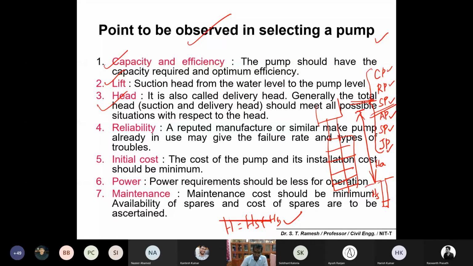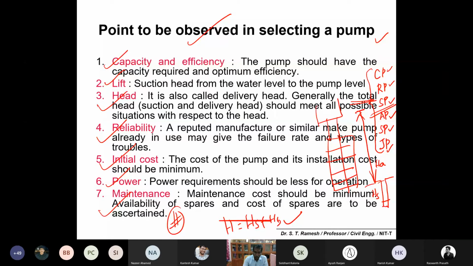What is the failure, how long does it work, did you face any problems during pumping. Reliability and cost are important, the investment cost and power cost, because during operation you should have less power cost, easy maintenance, and if you have any problems with the accessories, you should be in a position to replace them.